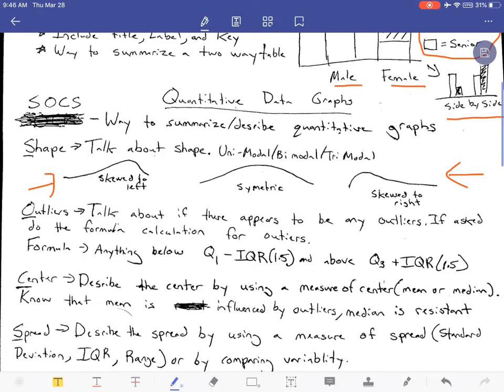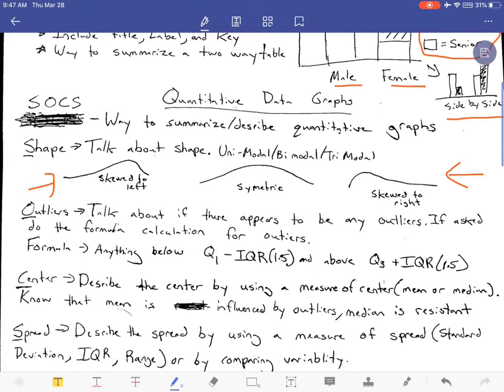If the question is specifically asking you to calculate an outlier, remember we have a formula to do that, which is you take Q1 minus the interquartile range times 1.5, and anything below that number is going to be an outlier. And then we kind of do the inverse of that. We take Q3 plus the interquartile range times 1.5.